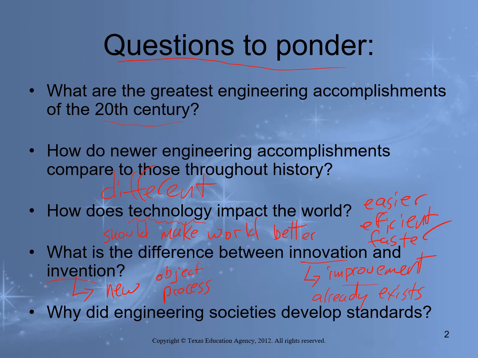Okay, why do engineering societies develop standards? Well, because they have shared values. What kind of values do they have? Well, we're going to talk about those tomorrow. But to give you an example here, we want everyone to have some ethics.